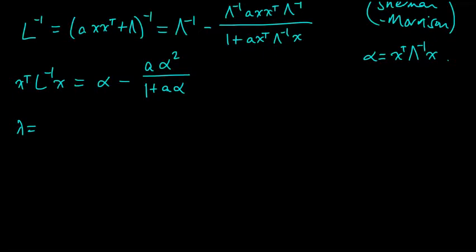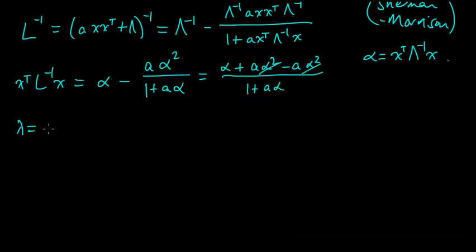Welcome back. We're putting the final finishing touches on this calculation of the predictive density for Bayesian linear regression. I realized that I should have simplified this a little bit first. Here we can make this alpha plus a alpha squared minus a alpha squared, which cancels of course, plus a alpha.